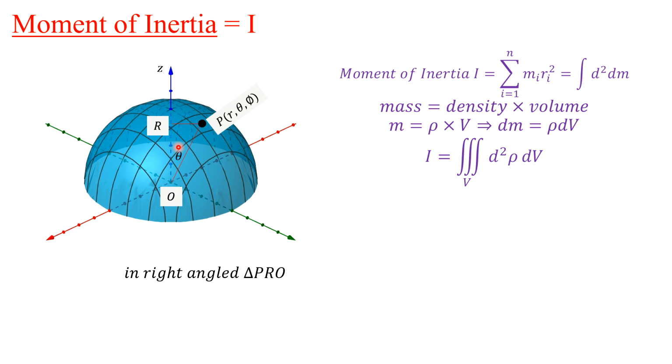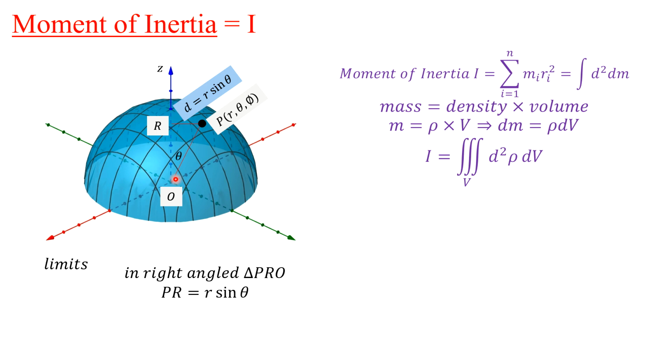In a right angle triangle, sine theta is equal to opposite upon hypotenuse. Therefore the opposite side, PR, which is what we want to find, is equal to r sine theta, where r is the distance of the point from the origin. So d is equal to r sine theta.